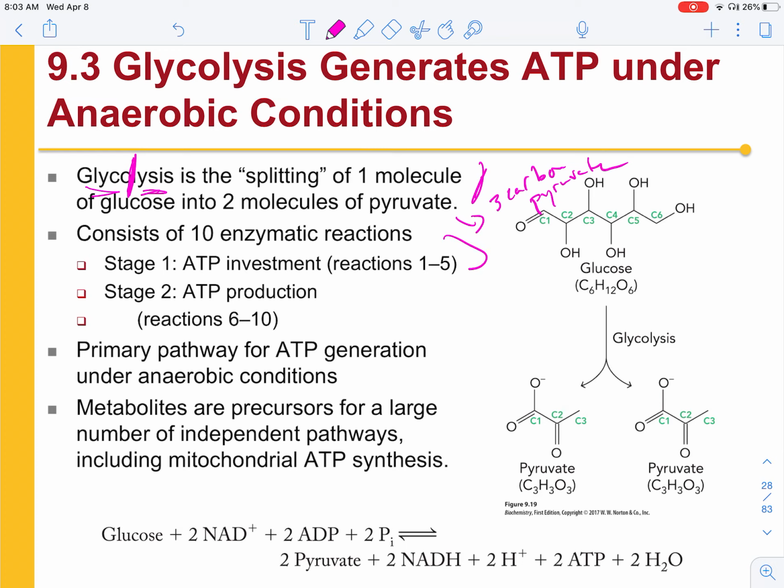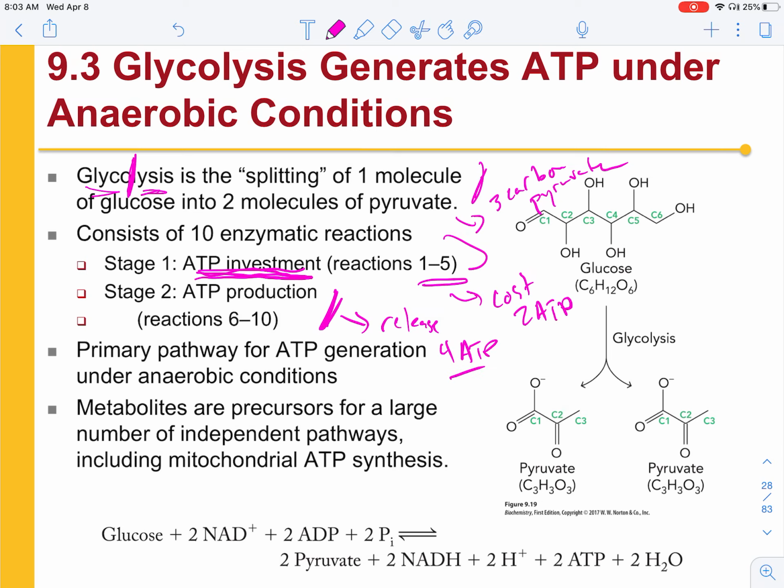It takes 10 steps to do that. Half of it is a preparation or investment step where we are spending 2 ATP, and then half of it is a payoff step in which you release 4 ATP.